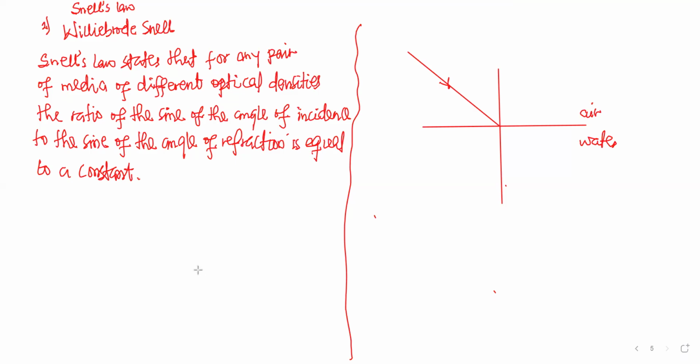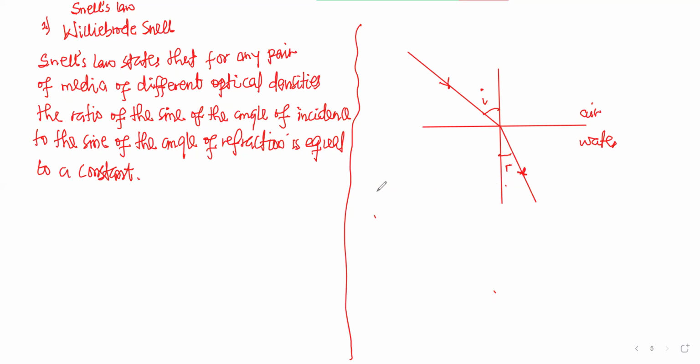Will it bend towards the normal or away from the normal? Towards the normal. So clearly, it means that the angle of incidence will be greater than the angle of refraction. So this is I. And since this is the refracted ray, this will be R.